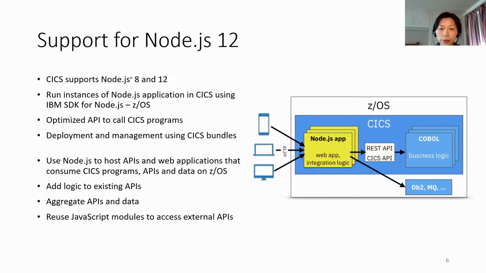With those benefits, we hope that with the Node.js support in CICS, you can consider hosting your Node.js in CICS to help improve your response time, making use of your existing backend services, and use Node.js as aggregate APIs or even to access external APIs. So that's our enhancement around Node.js 12.